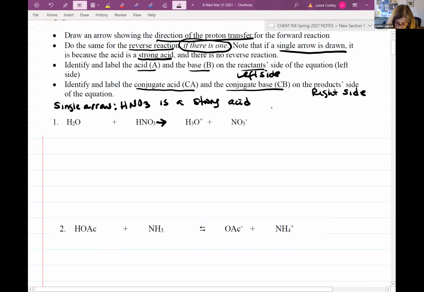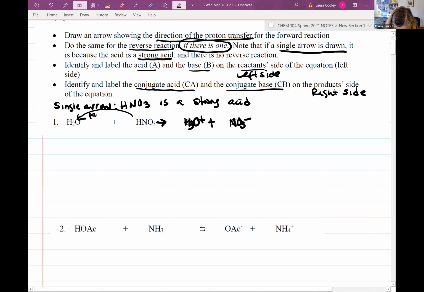Okay, so now I want to draw an arrow indicating the direction of the proton transfer. You could see that this ends up being NO3 minus over here, H3O plus and NO3 minus. So the direction has to be this way.